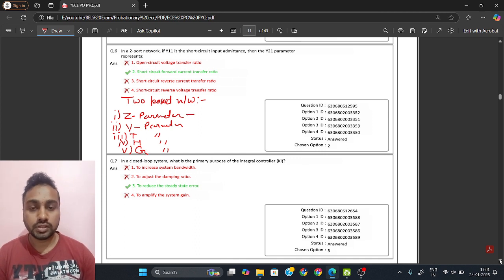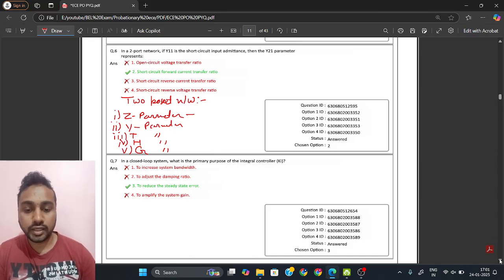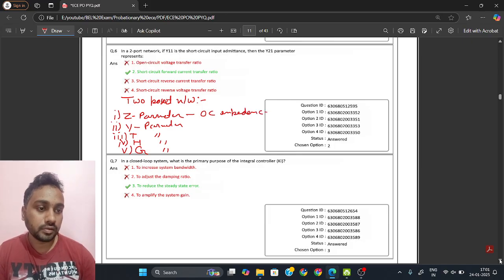Generally, they will ask a question like this: what is the name of Z parameter? So Z parameter is called open circuit impedance. Y parameter is known as short circuit admittance.